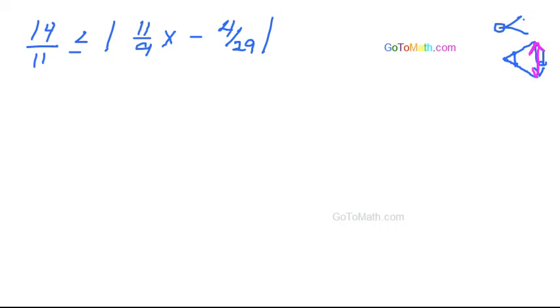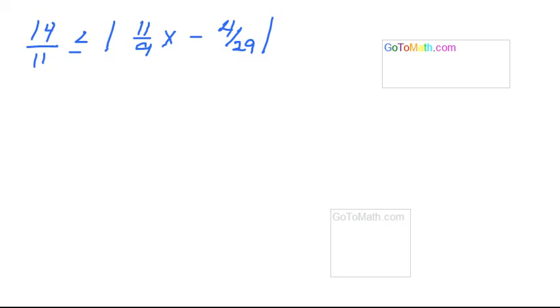Right, so if we were talking about, let's say, the distance, d, and as you notice, the distance is going to what? 0, right? The distance between here and here goes to 0. So this is the less than and the greater than. You can think of it that way. And I read these from left to right. In other words, 14 over 11 is less than this number here. And of course, if it was flipped around the other way, this is the greater than part. Okay, well, that's the way I see it anyway.